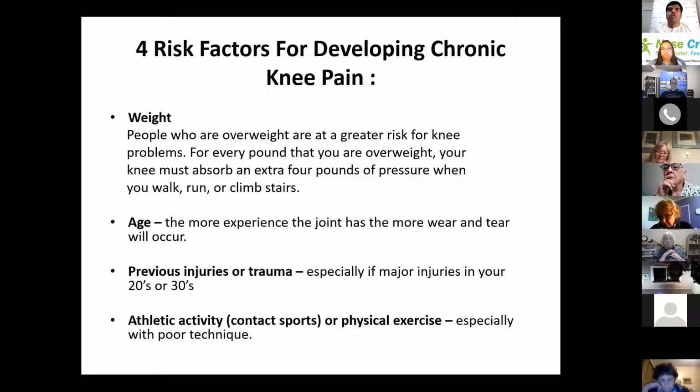For example, when you're trying to run or do a hike, if instead of keeping the knee straight like this, you twist the knee, you're putting lots of stress onto the inside of the knee joint. That can bring lots of stress.